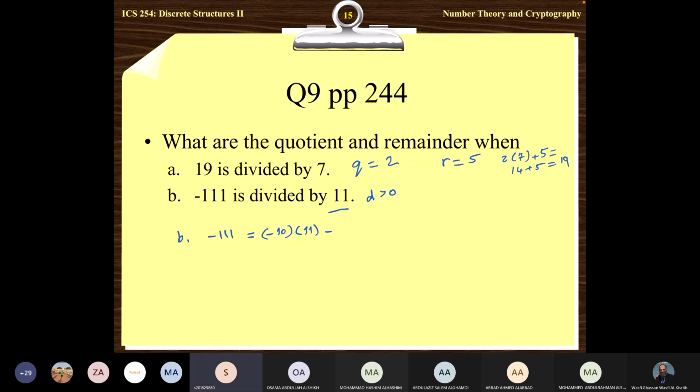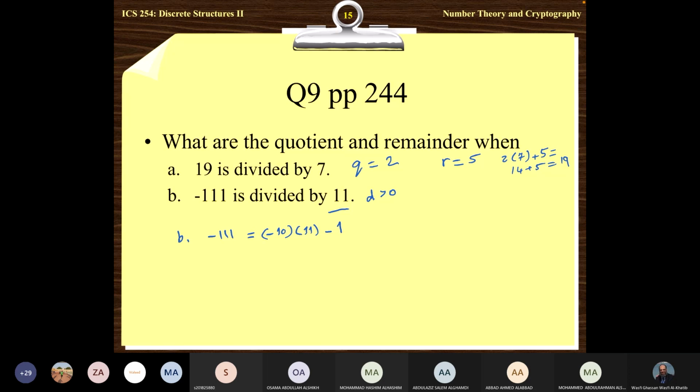I need to subtract 1. So that's why some of you put minus 10 and minus 1. Minus 10 and minus 1 will satisfy the equation, but it will not satisfy the restriction that R should be greater than or equal to 0, less than 11. In my case here, R is minus 1.